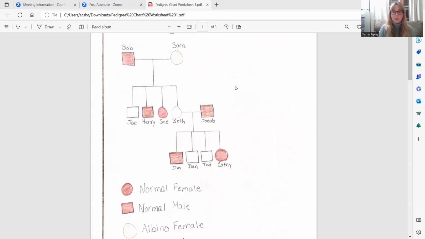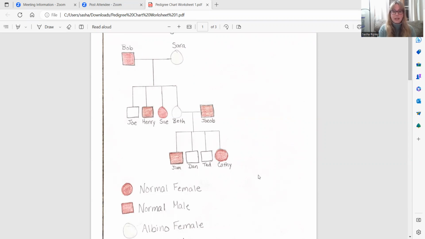However, they don't always do that in a pedigree chart. Also, sometimes your pedigree chart is going to be about, say, animals. It might be like different dogs and their pedigree. And so the square is going to be the male and the circle is going to be the female.